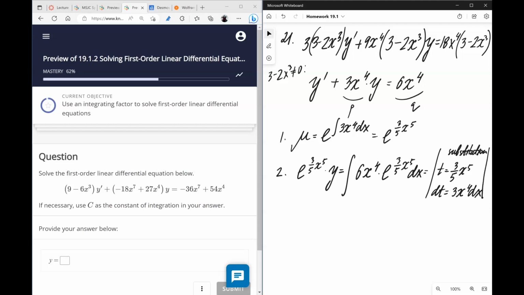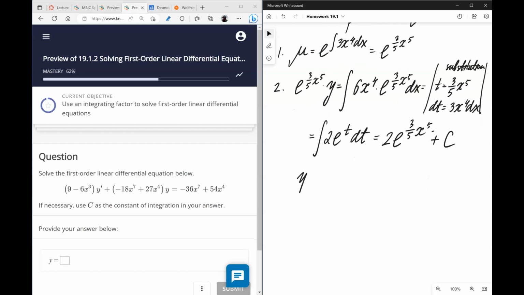So the whole integral now becomes integral of 2e to the power t dt, and the answer is 2e to the power 3/5 x to the power 5 plus c.